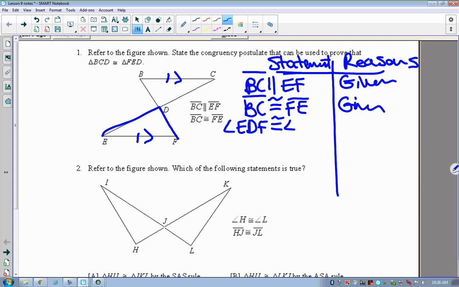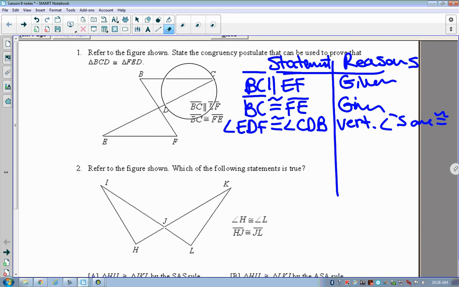Angle BDC, no, not BDC. CDB. Why is that order important? Because we have to have corresponding points to corresponding points. So he's right, and what we're going to say is vertical angles are congruent.